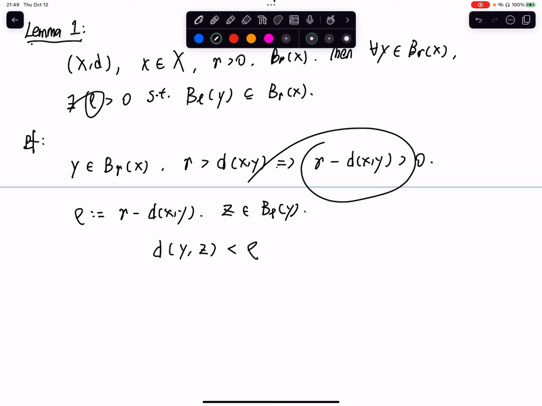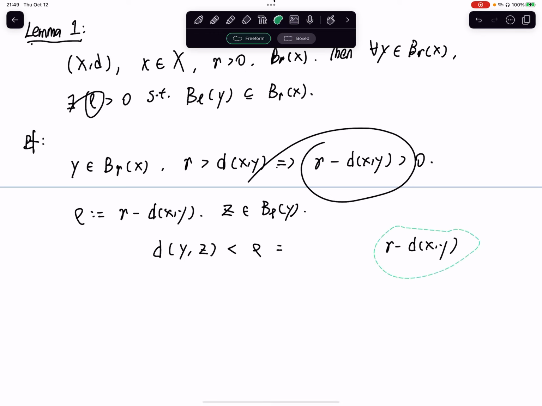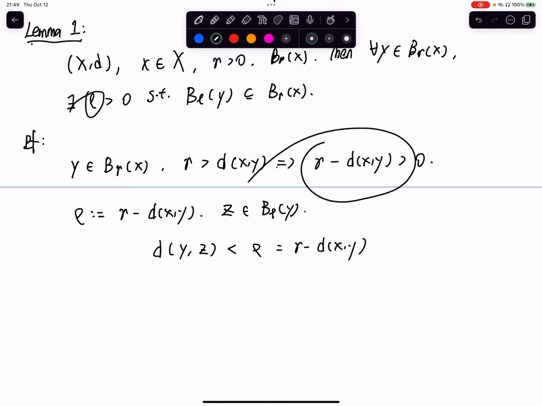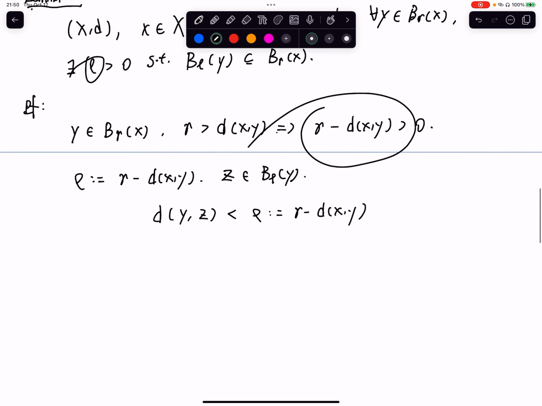And that means d(y,z) is smaller than r minus d(x,y). Let me just use an equal sign here, since rho is defined to be this. So that means r is greater than d(y,z) plus d(x,y).